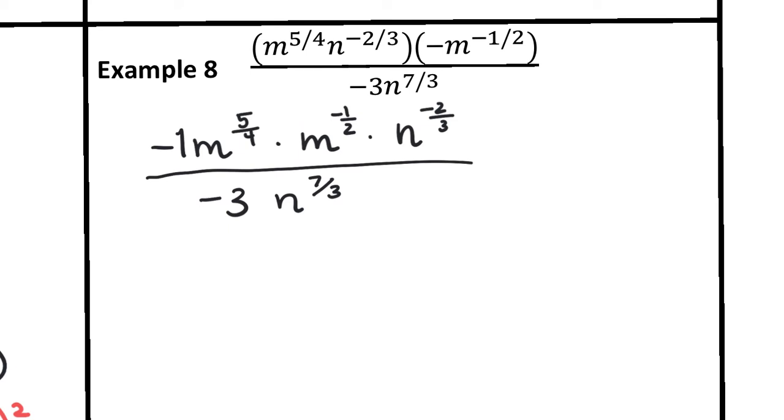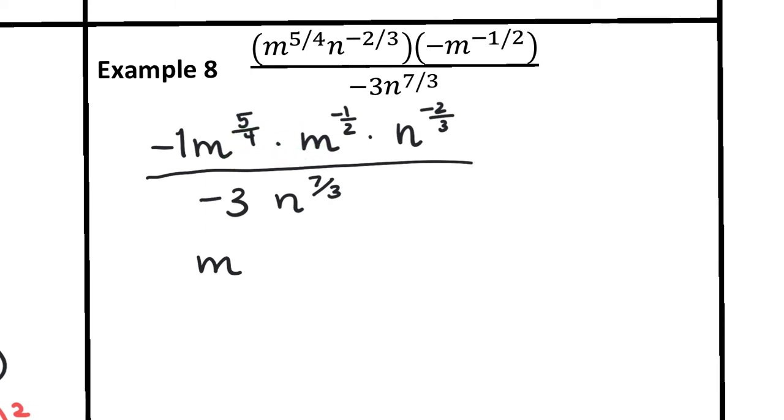So what's going to happen with the -1 and the -1/3? Negative divided by negative is going to change to a positive. Positive m. And then when I multiply the m's, their exponents are going to add.